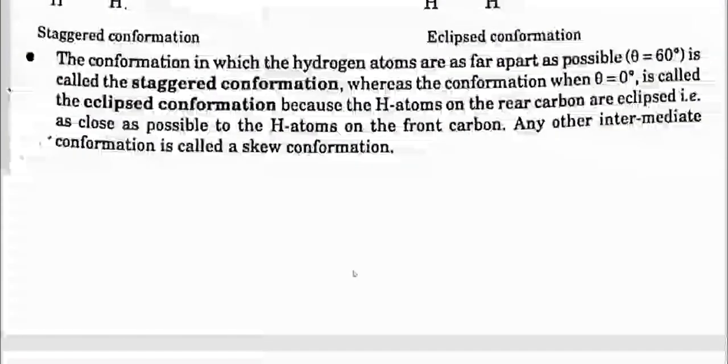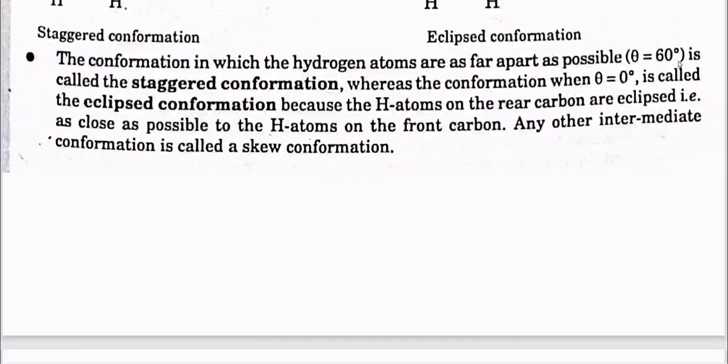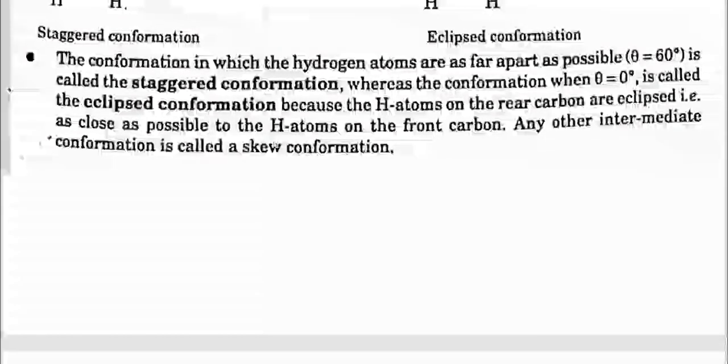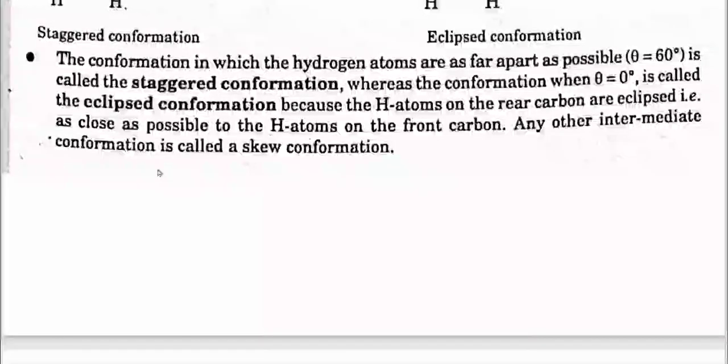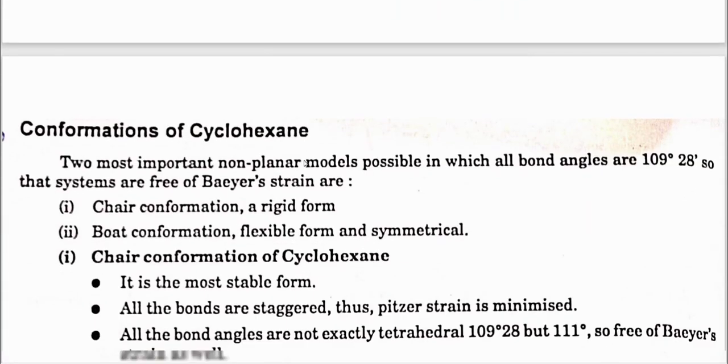The conformation in which the hydrogen atoms are as far apart as possible and theta is equal to 60 degrees is called the staggered conformation, whereas the conformation with theta equal to 0 degrees is called the eclipsed conformation, because the H atoms on the rear carbon are eclipsed, i.e. as close as possible to the hydrogen atoms on the front carbon. Any other intermediate conformation is called a skew conformation.